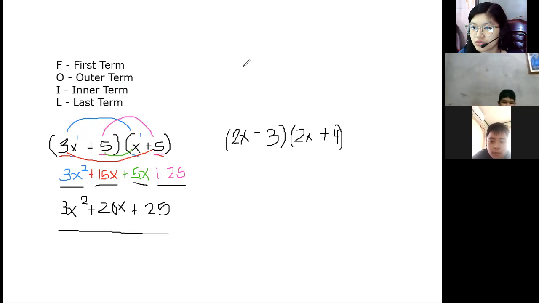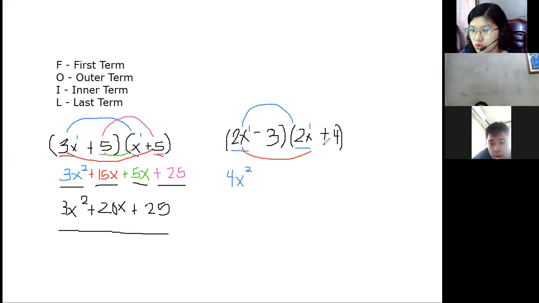We have the first term. Ito, 2x and another 2x. So, we have, yung number muna i-multiply. 2 times 2, ilan? 4 po. 4. And yung x times x, pag add yung exponent, we have 1 here, 1 here. So, we have 2.